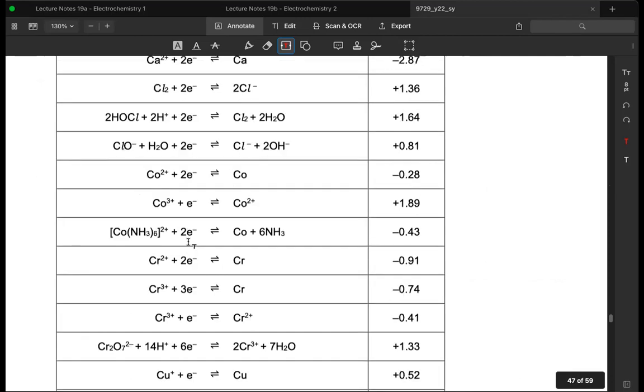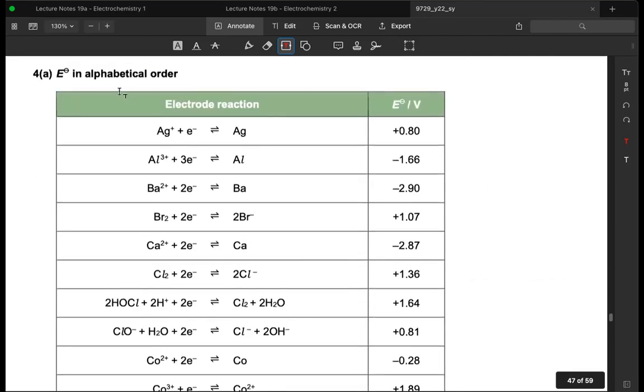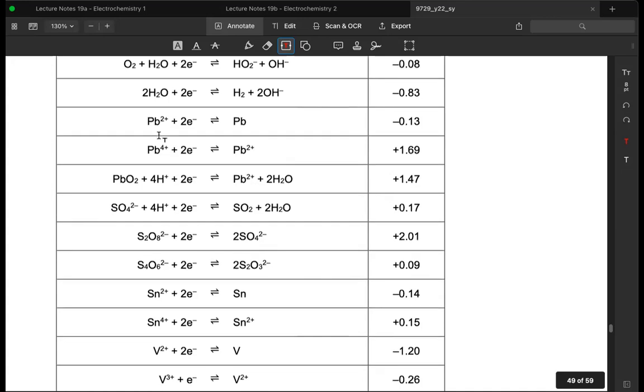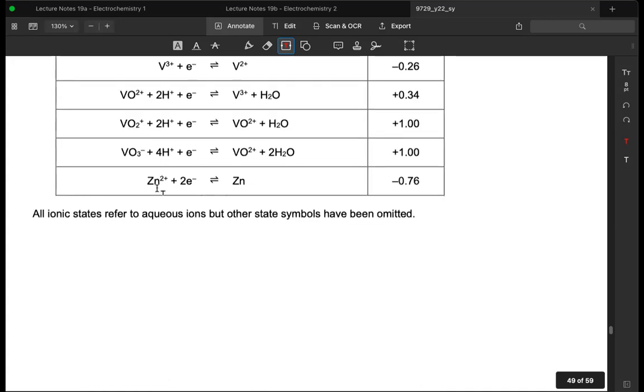Very easy. It is in alphabetical order in terms of the chemical symbol, not in terms of the name. Like silver, Ag comes first. Okay, and zinc is capital Z. So it is the last one. Okay, and this is how you read so that you can quickly get the value.